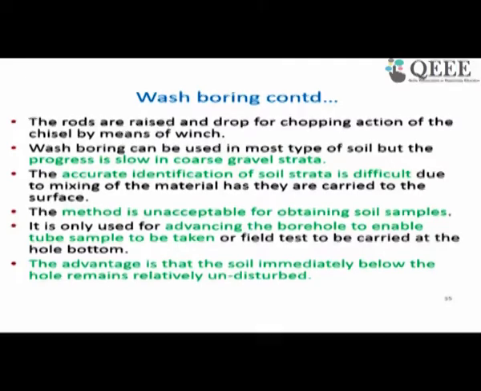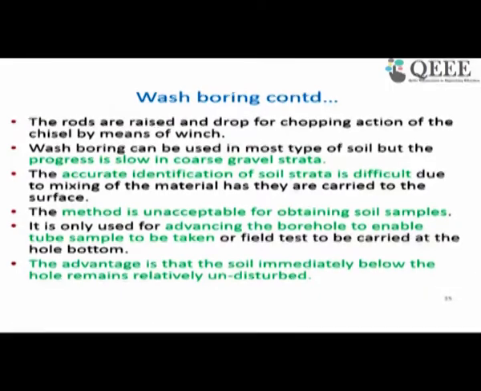Now as you see here, similar to your earlier case, the auger boring, the soil is again very disturbed. Here especially it is completely dissolved, so the soil which you get through this wash boring may not be of any use, but the soil just below the bore depth will be useful for sampling purposes.